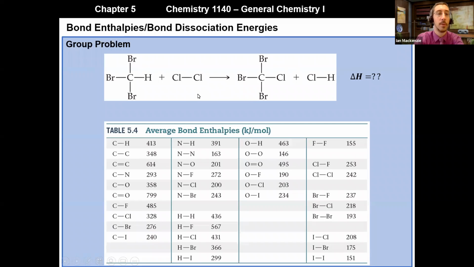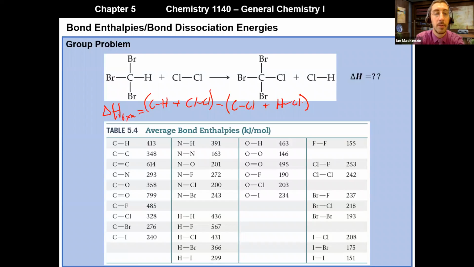So if I want my delta H for reaction, that's going to be bonds broken minus bonds formed. So it's going to be CH, ClCl, and then on the other side, the bonds that are formed, I'm making a CCl bond, and I'm making an HCl bond.